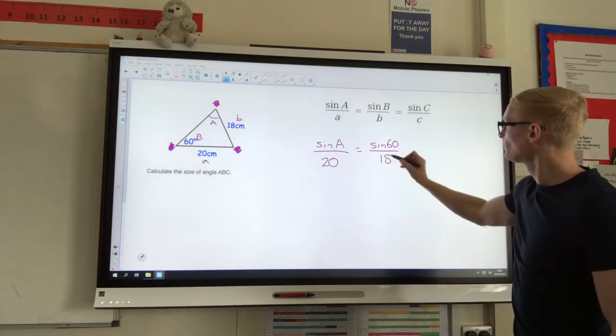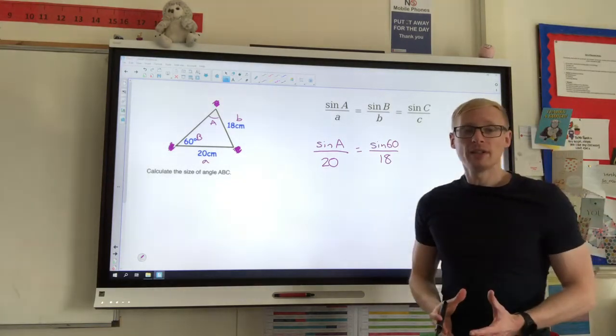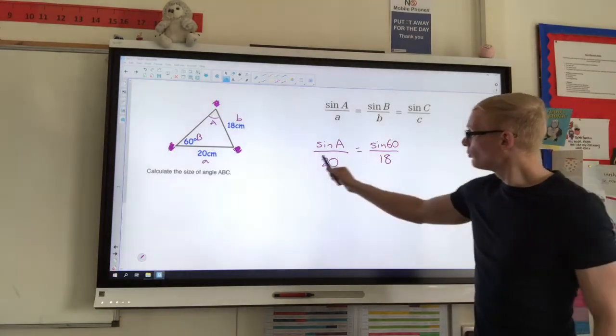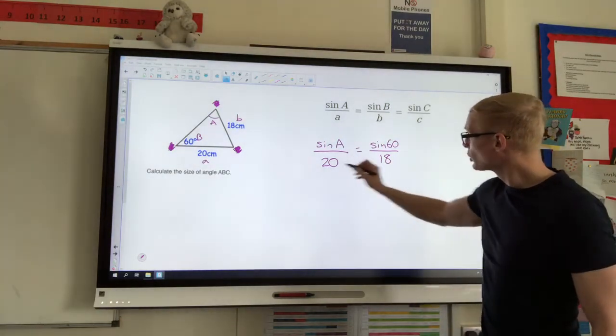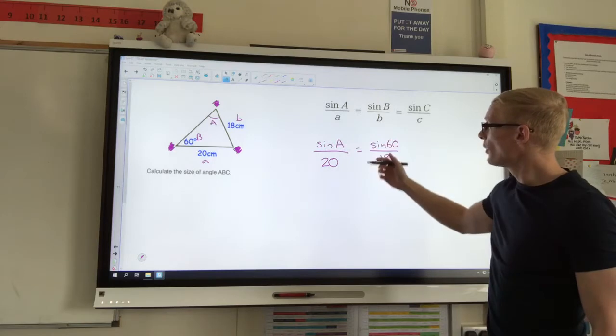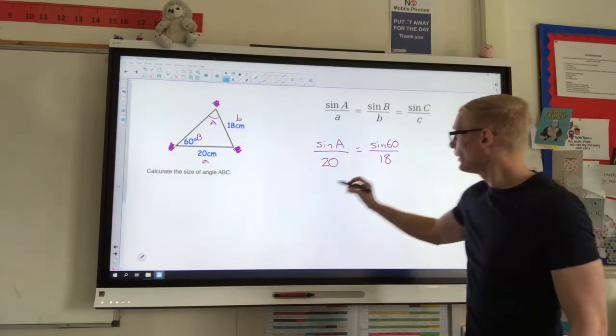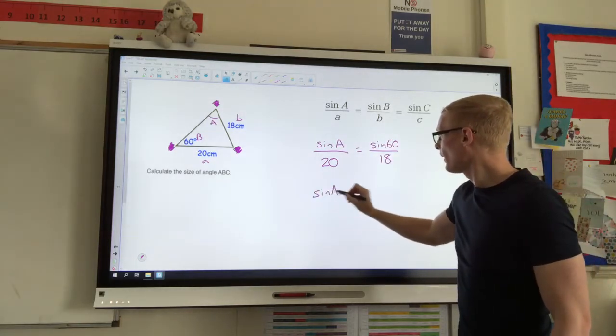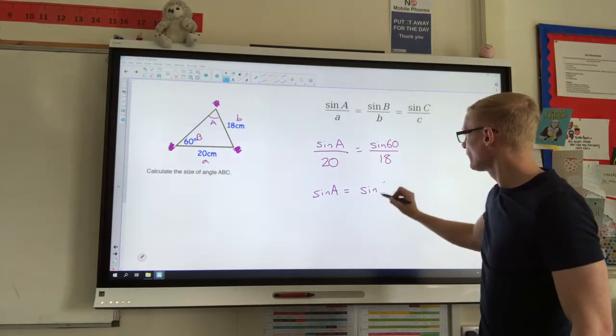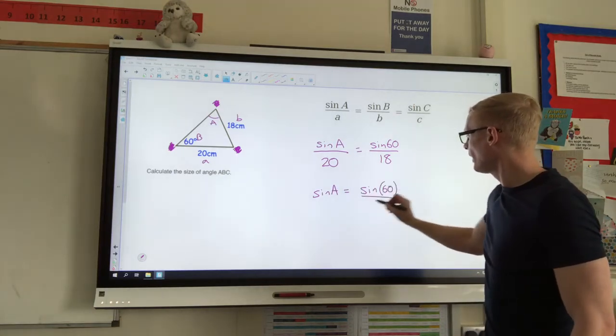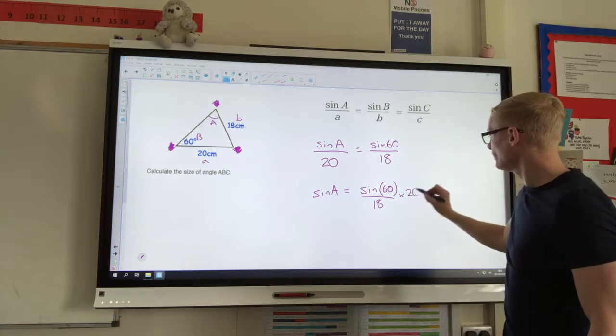over 18. Now, similar to what we did last time with the sine rule, to get rid of this 20, I need to multiply it up. I need to multiply it on both sides. So we're going to say sine A is equal to sine 60 over 18 multiplied by 20.